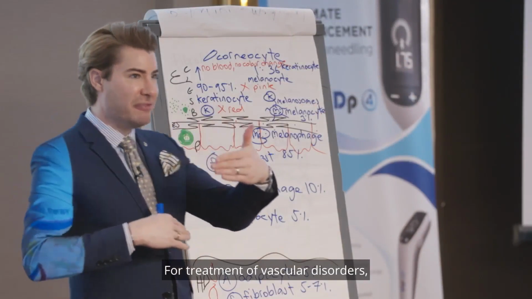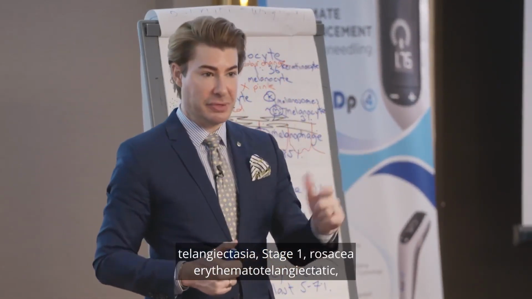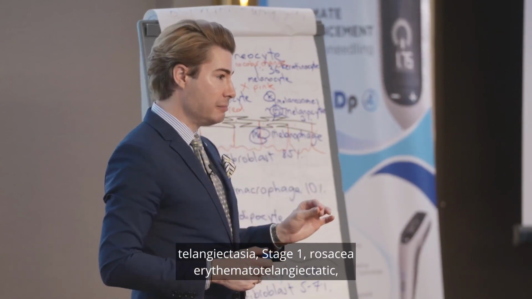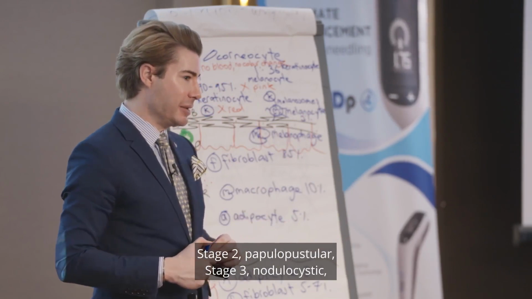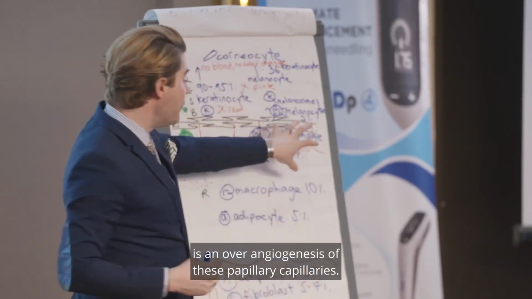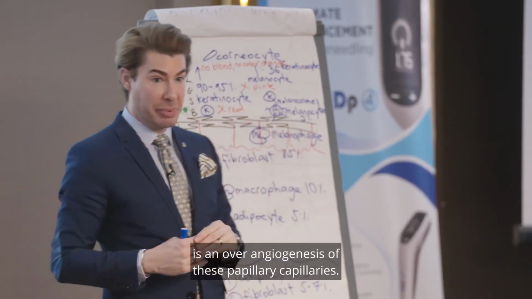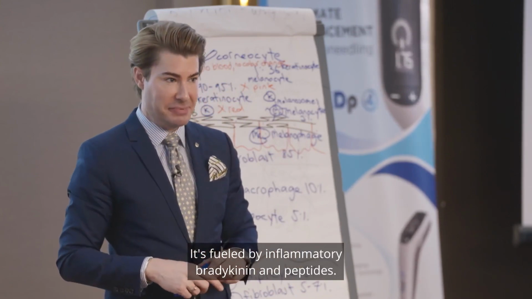For treatment of vascular disorders, telangiectasia, stage 1 rosacea, erythema telangiectatic, stage 2 papulopustular, stage 3 nodular cystic, we understand that the condition itself is an overangiogenesis of these papillary capillaries. It's fueled by inflammatory bradykinin peptides.